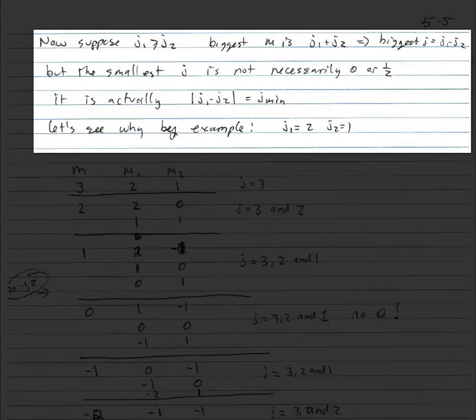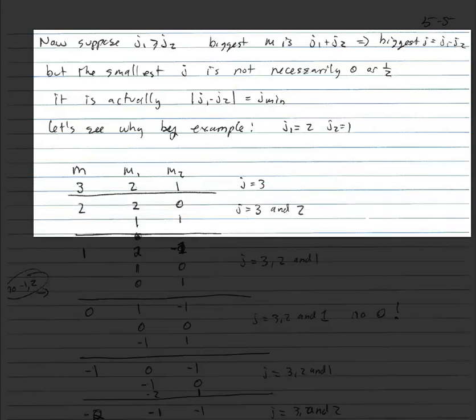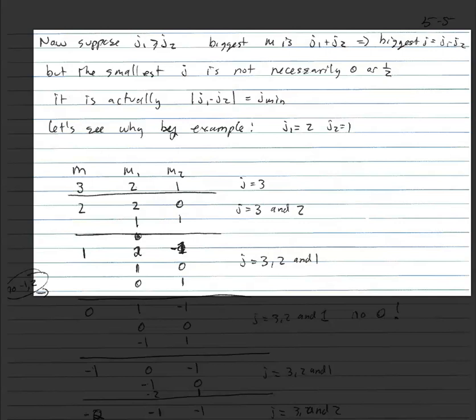So we're going to work now. I'm going to just look at all possible states that have the different values of mj. So the largest value of mj is 3. That requires m1 to be 2, m2 to be 1. The states that have mj equals 2, I could have 2, 0, or 1, 1. The states with m equals 1, I can have 2, minus 1, 1, 0, or 0, 1.